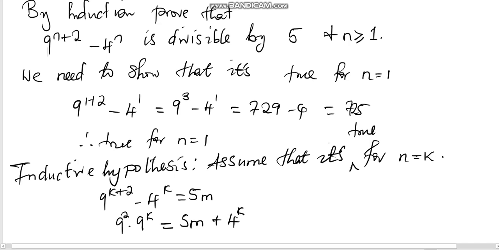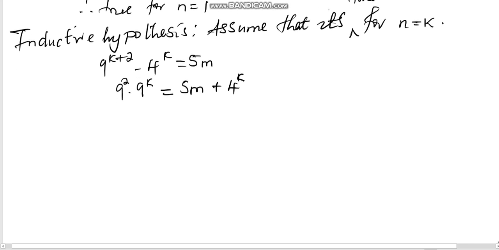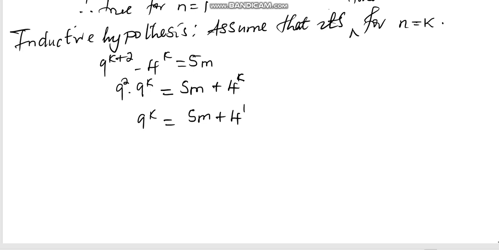Now we make 9 to the power k the subject, so we have 9 to the power k being equal to 5m plus 4 to the power k divided by 9 to the power 2. Let's leave our inductive hypothesis at this stage.